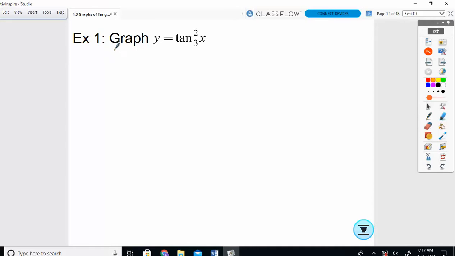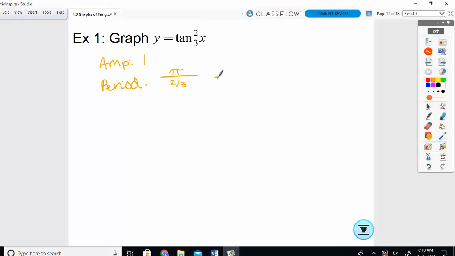So I want to graph y equals the tangent of 2/3 x. So what is my amplitude? Amplitude is the number I found, 1. Period is the normal period, which for tangent is pi, divided by the coefficient on x, which is 2/3.